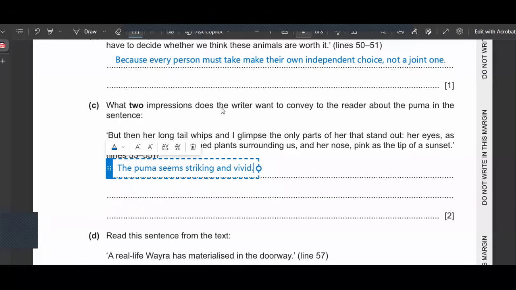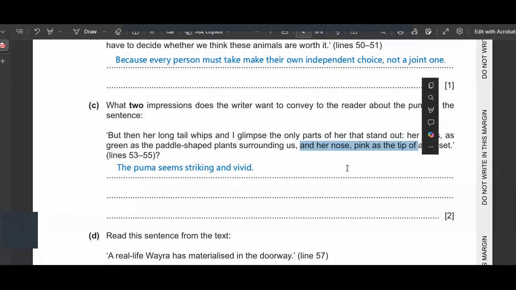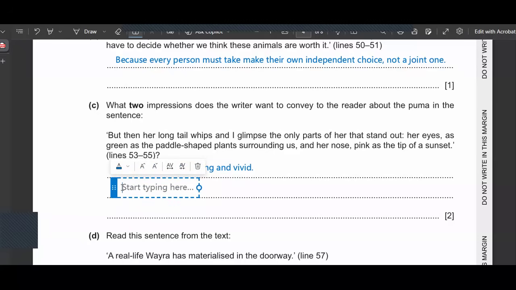And if we go to the phrase where they are talking about the sunset, her nose pink as the tip of the sunset, they are admiring the beauty. Along with the beauty, the other thing expressed is that it's a wild animal.